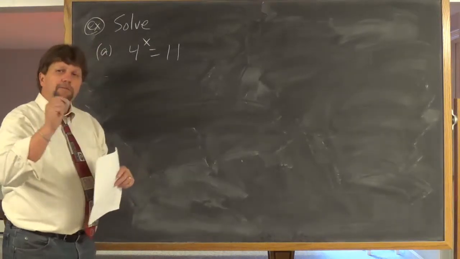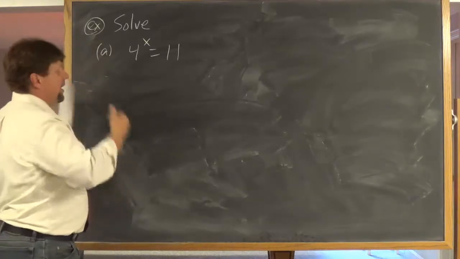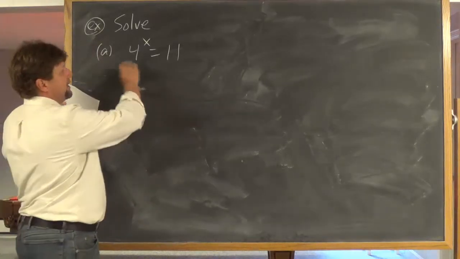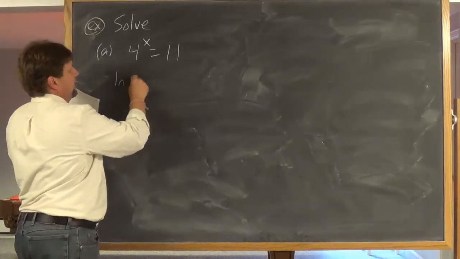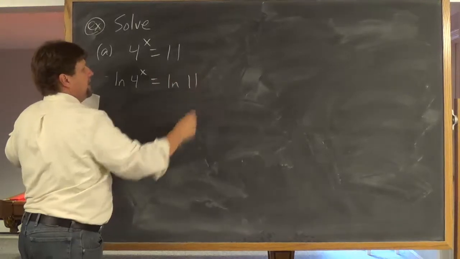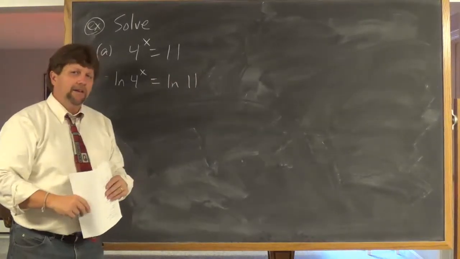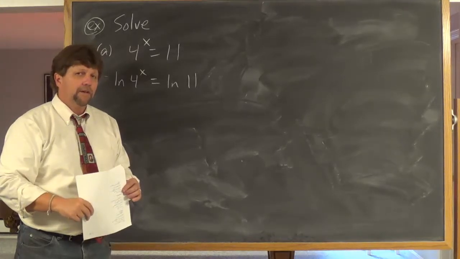Now watch, I'm using the preservation of equality for logarithms. The preservation of equality says this equation is true if and only if the natural log of 4 to the x is equal to the natural log of 11. That is the preservation of equality of logarithms.